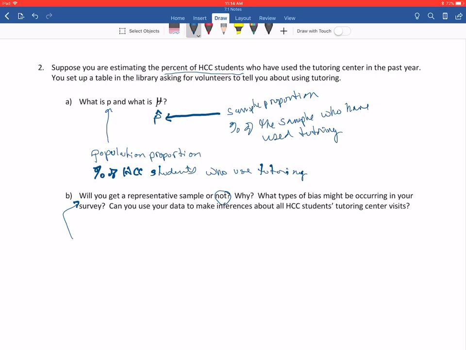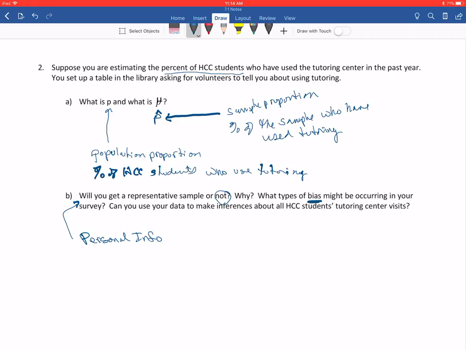Well, I think that some students, maybe not all, but some students are going to view their tutoring center habits as personal information. They may not want to talk about it. They don't want to let everyone know that they went to tutoring, and so they may not give back correct answers or truthful answers.